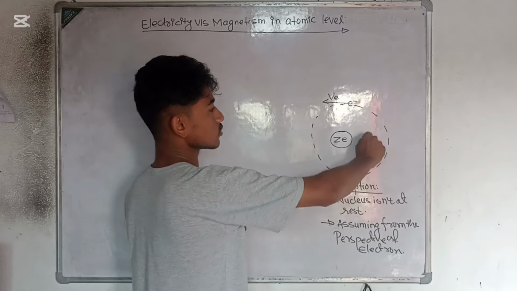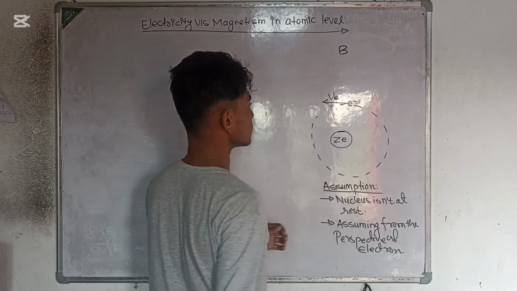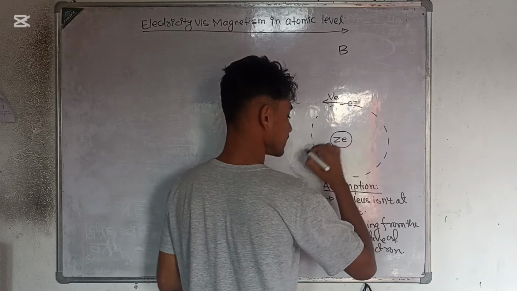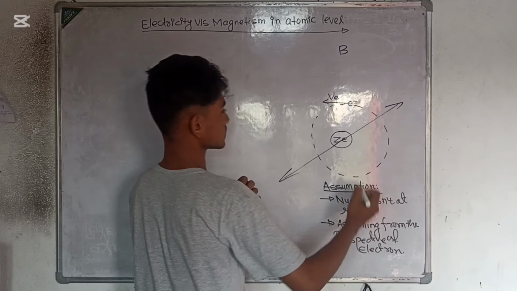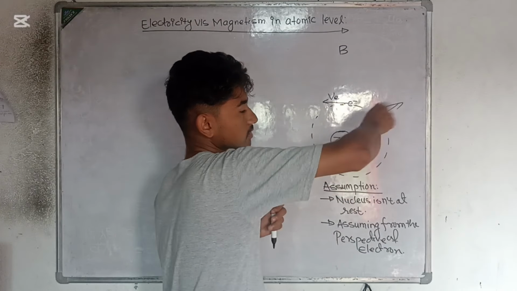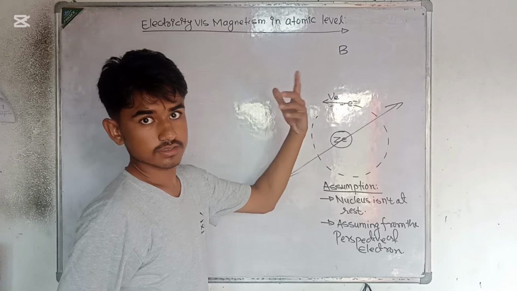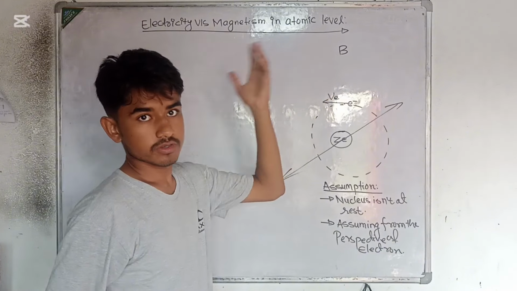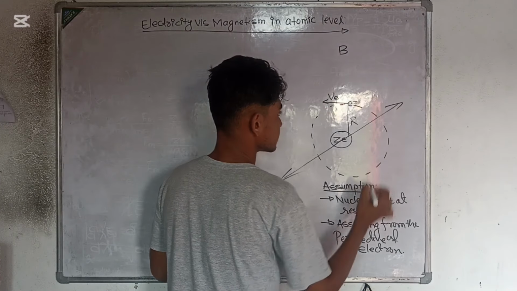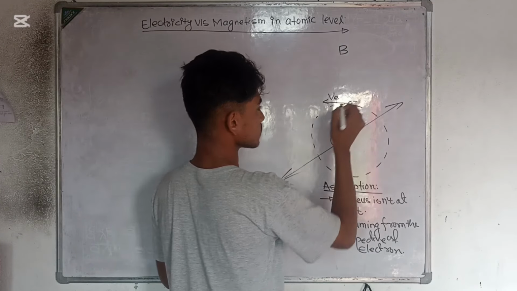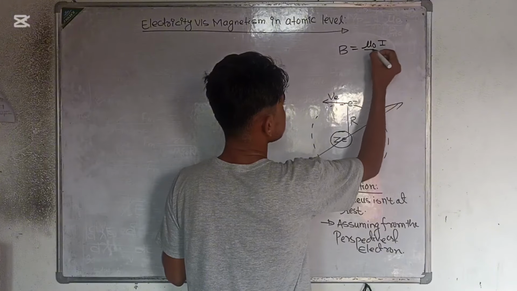Now, this is a closed circular loop, right? And if you know the magnetic field due to this electron, let us assume that the electron is vibrating along this axis. When it is vibrating along this axis, it will produce its own magnetic field, because when a charged particle is moving, it produces a magnetic field, right? The magnetic field at a distance r is given by mu naught I upon 2r.